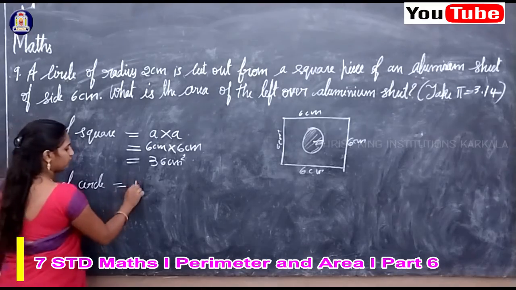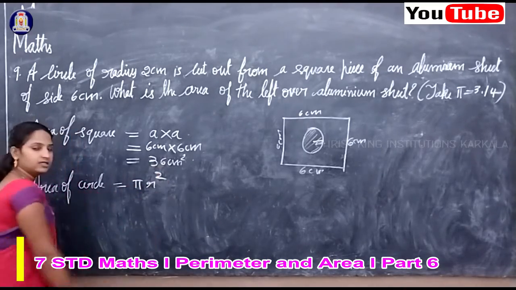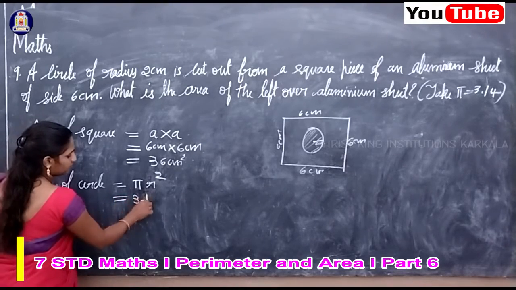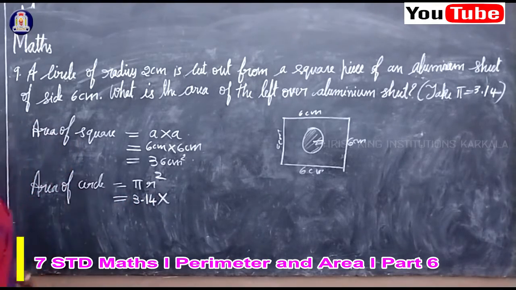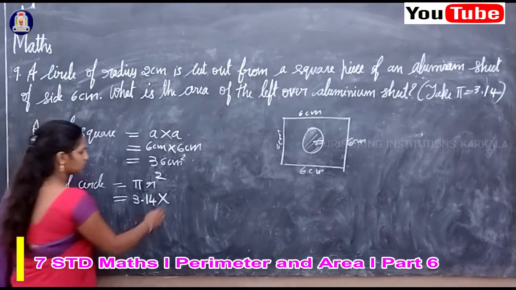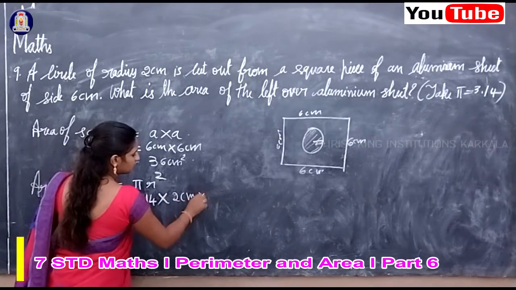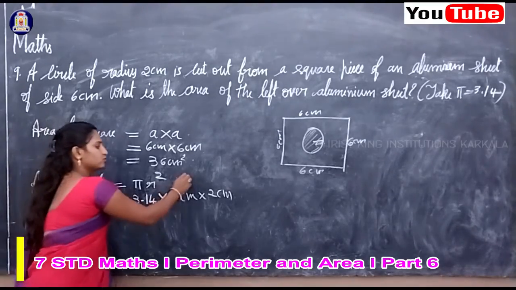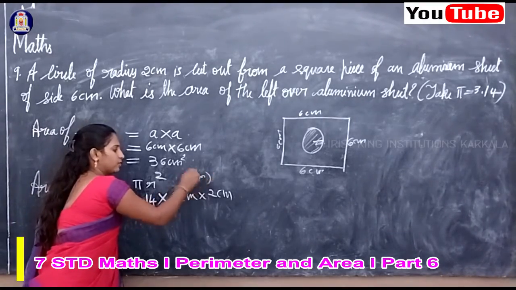The formula is pi r square. The pi value is 3.14 into the radius, 2 centimeters into 2 centimeters. Understood?